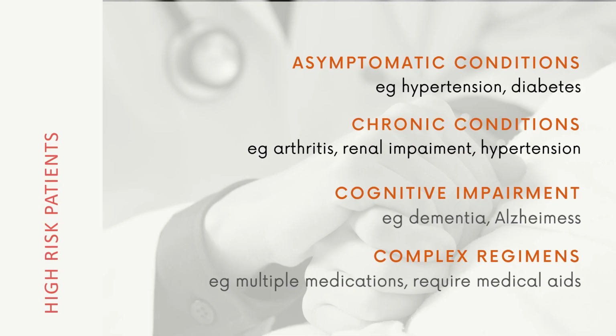We need to identify patients at high risk of non-adherence. They can be patients with asymptomatic conditions like hypertension or diabetes. These diseases do not cause the patients to have very significant symptoms, so they do not feel that they need to take the medication because they're not feeling anything.